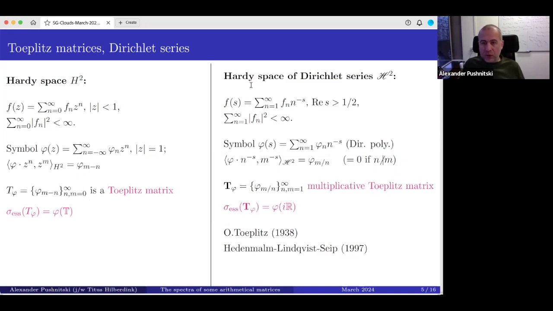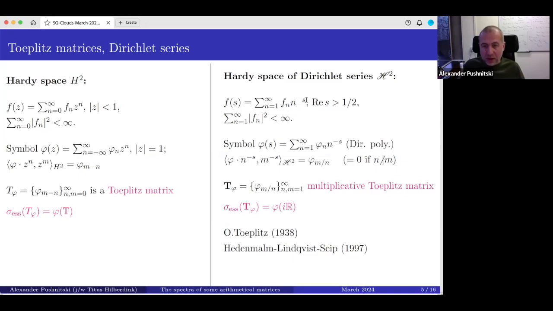Now let's move to a Hardy space of Dirichlet series. So possibly for the lack of imagination, it's also called H2, but the H is curly H2. So what is it? If the standard Hardy space is built on power series, this space is built on Dirichlet series.